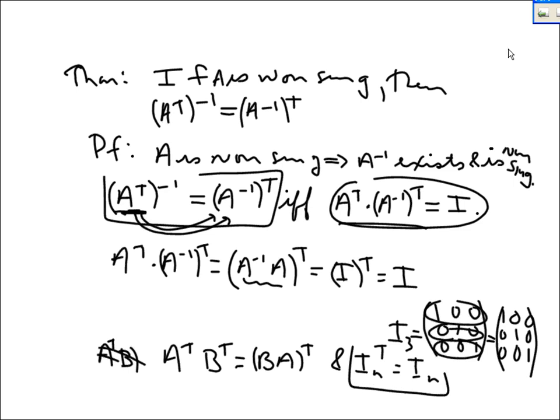It's always true. The transpose of an identity matrix doesn't change. In fact, the transpose of any scalar matrix doesn't change. Why? Because we're talking about square matrices, and the transpose of a matrix does not change the location of the entries on the diagonal.